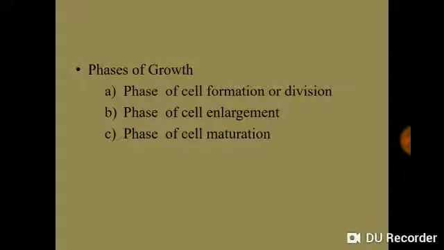From physiological point of view, growth can be defined as a permanent and an irreversible change in mass, weight, or volume of a living organism or organ or cell. So, during this process of growth in plants, there is a differentiation of tissue due to many biological, biochemical, and metabolic processes.